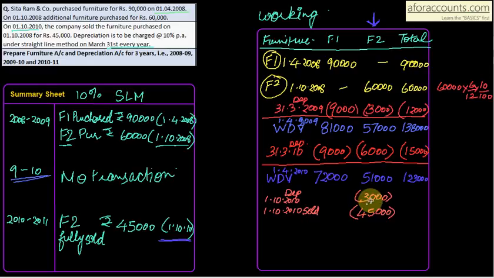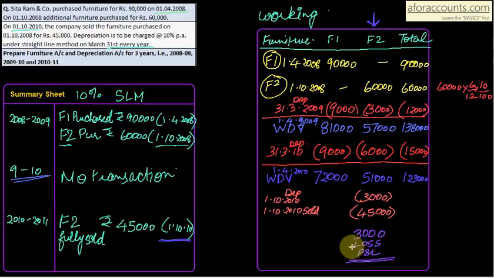So 48,000 is total and our WDV is 51,000. So 51,000 minus 48,000 comes up to 3,000. So 3,000 is your loss on sale of furniture, that will go to the P&L account. So mark 3,000 loss on sale of furniture, that will go to the P&L account, and this account is closed.